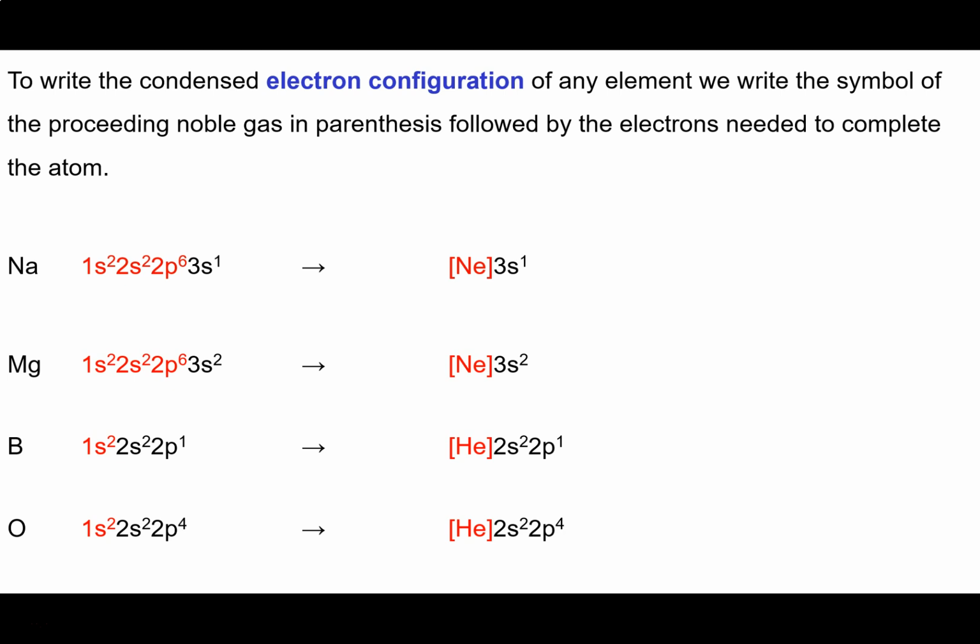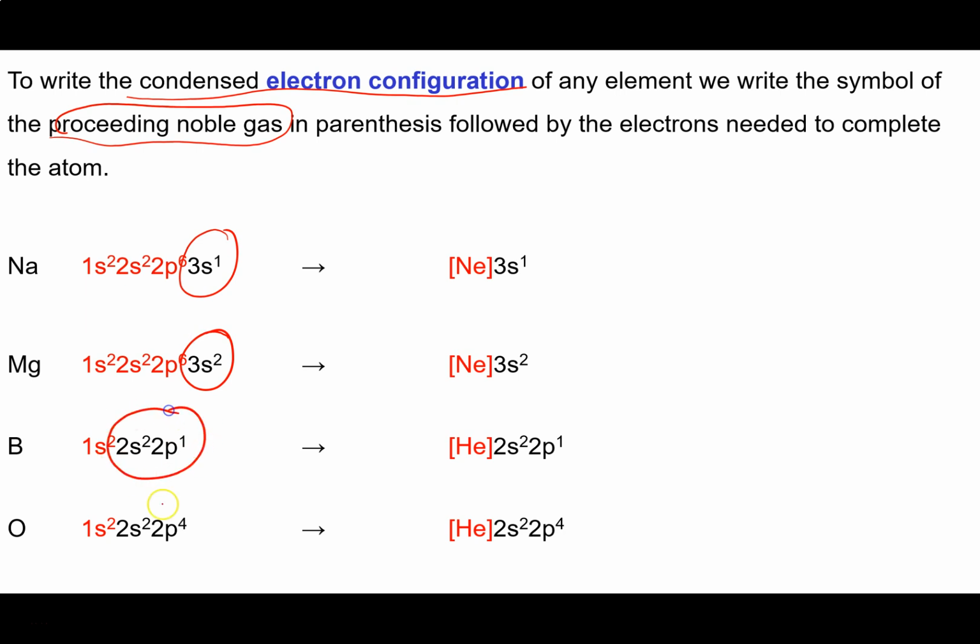So we can do this for any element. We can write the condensed electron configuration of any element. What we do is we write the symbol of the noble gas that comes before, instead of writing out the electron configuration for the core electrons, and then we just write in the added electrons that are needed to finish off the electron configuration.